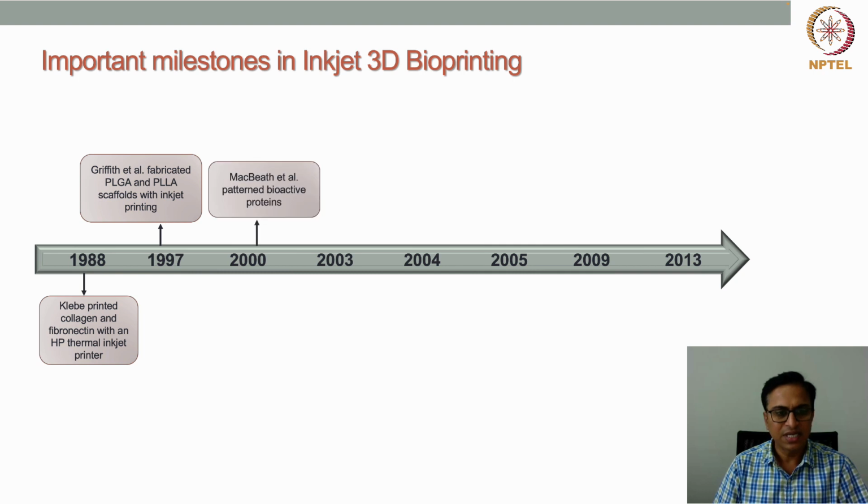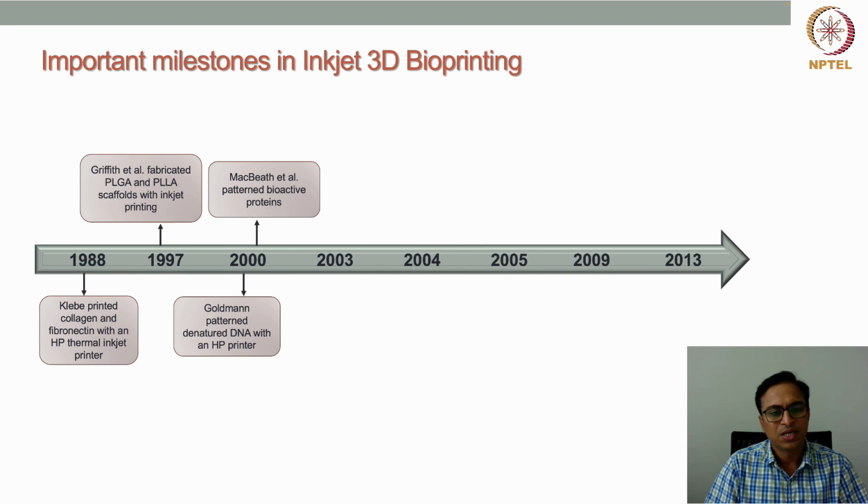Then, in 2000, Macbeth et al. used inkjet 3D printing technology for patterning bioactive proteins, and they found that proteins can be patterned very well on a 2D structure using this inkjet printing technology. With this success, later in 2000, the same year, Goldman patterned biomolecules like denatured DNA with an HP inkjet printer.